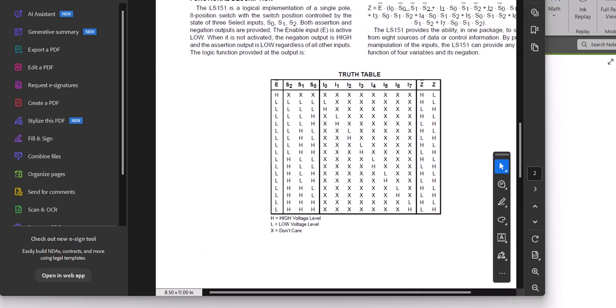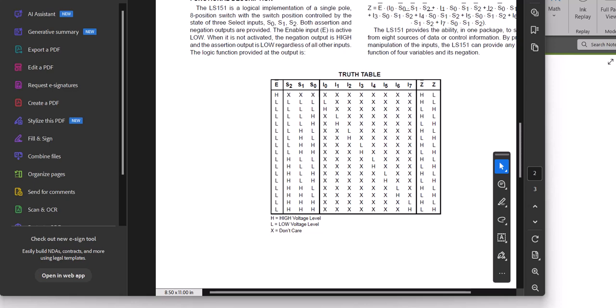And so we have an enable bit, and the enable bit has to be low, so that's ground. And then you have S2, S1, S0. Those are your select bits, so that will select the value that you want. And then you'll have your inputs I0, I1, I2, I3, I4, I5, and so forth. And you'll have your output based on that.